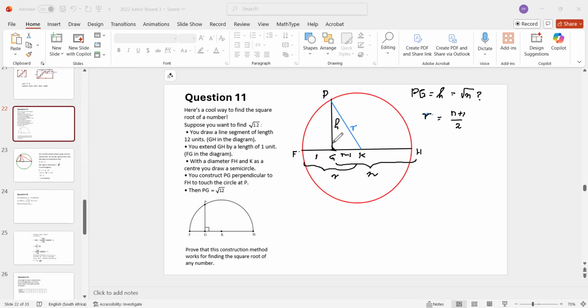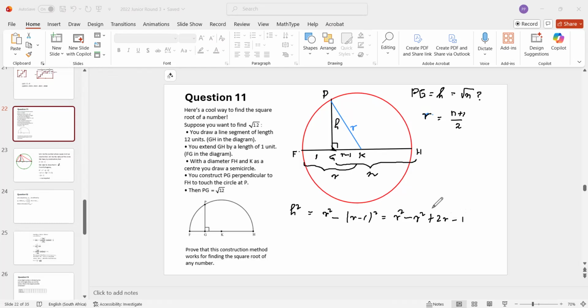So you can use Pythagoras now to calculate. We need to calculate H, but Pythagoras allows us to calculate H squared. H squared is equal to R squared, this hypotenuse, minus R minus 1 all squared. Okay, and you can square the binomial, minus R squared plus 2R minus 1.